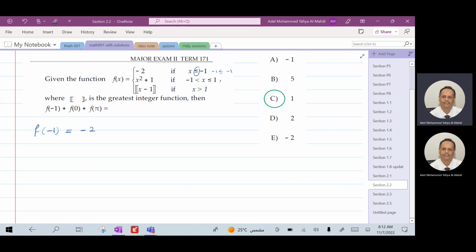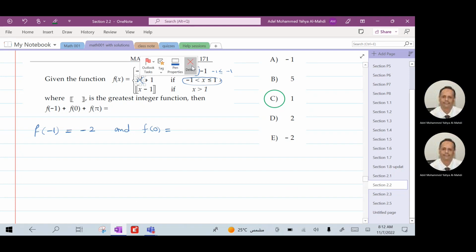The second is f at 0. Where is 0? 0 is here, between -1 and 1. So for f at 0, replace every x by 0. When you put 0, you will have only 1.